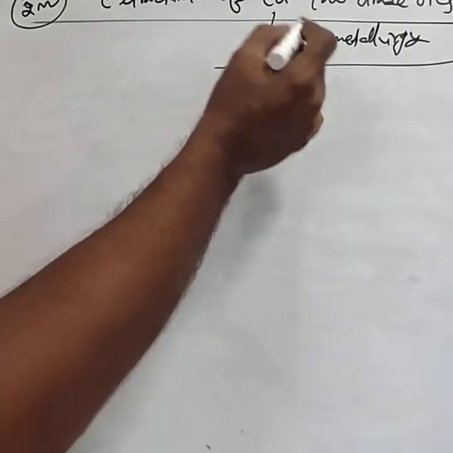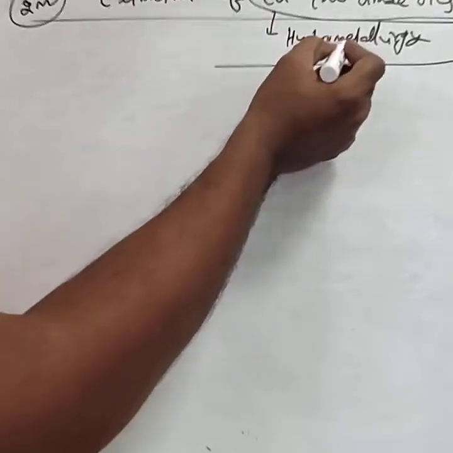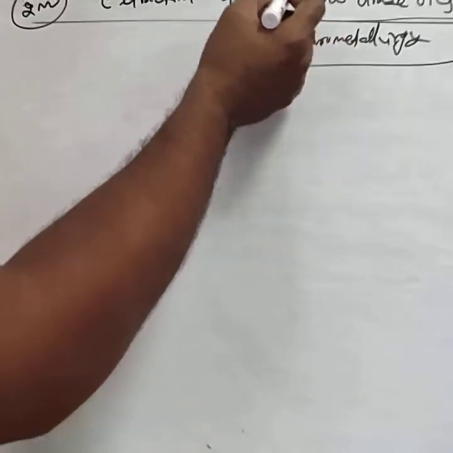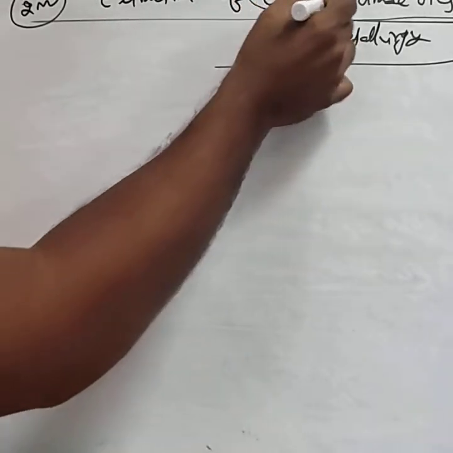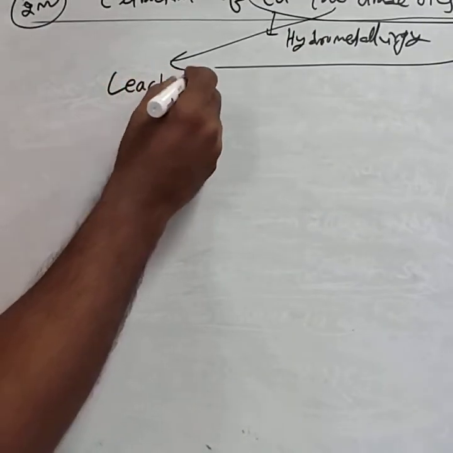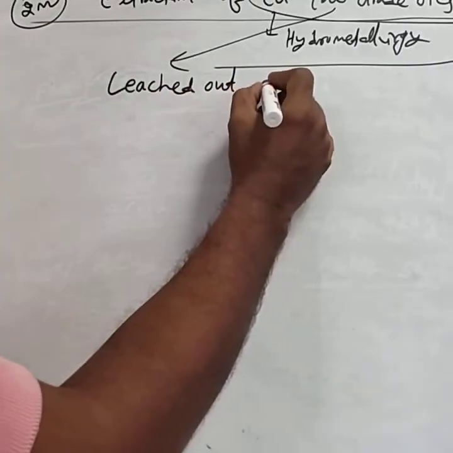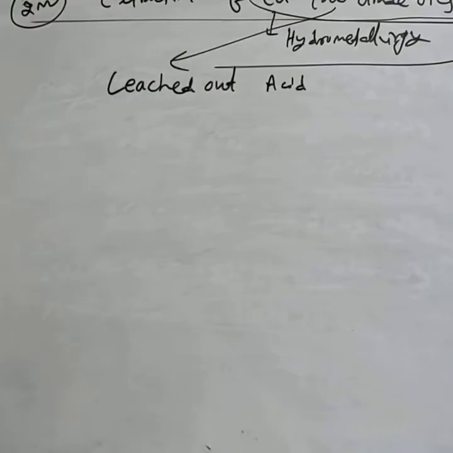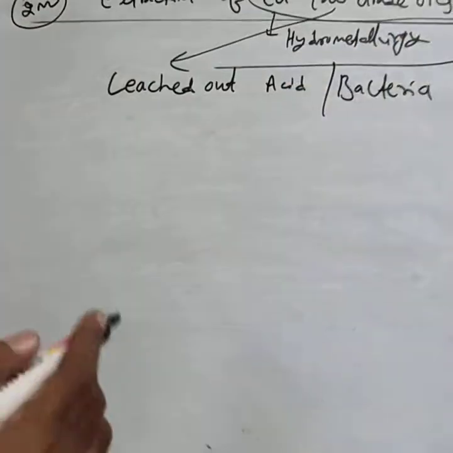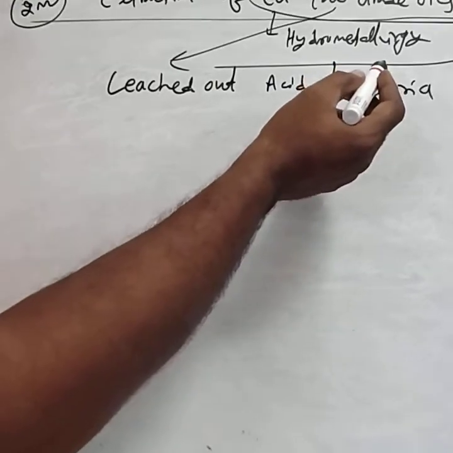The technique used in the extraction of copper from low grade ores is hydrometallurgy. In hydrometallurgy, the low grade ores containing copper are leached out, leached meaning dissolved, in an acid or bacteria.